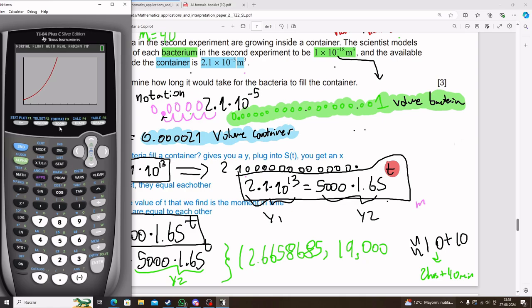So, much like before, first try zoom fit. Sometimes you one-shot it like that. Sometimes you don't. Let's see if it does. I think it might. There's a good chance it might. Damn. All right, well, my line in blue is my y1 and my line in red is my y2.